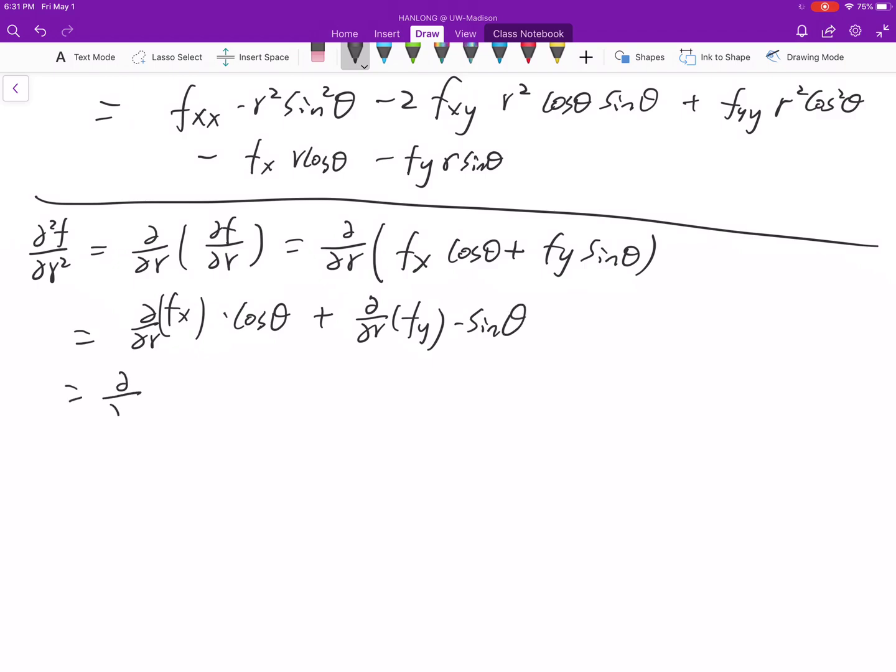Okay, and then you plug in what is your fx. This is what is partial r. Use the chain rule.